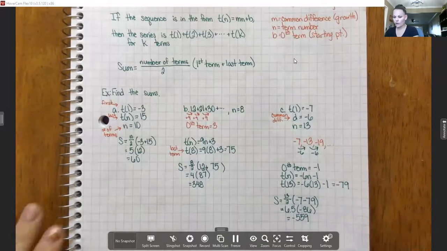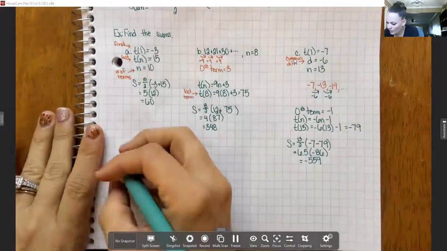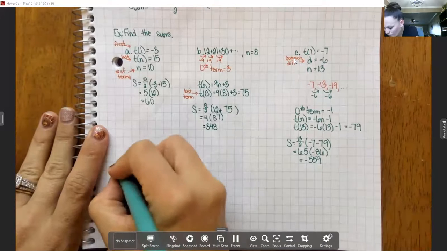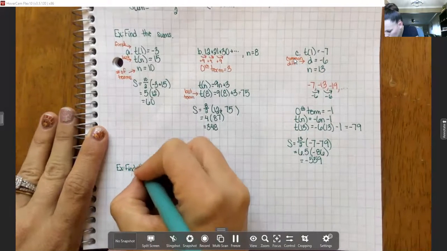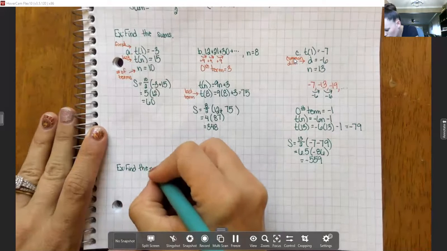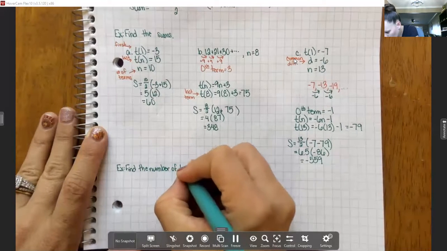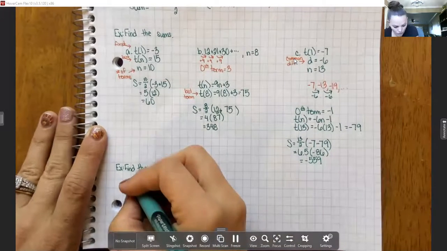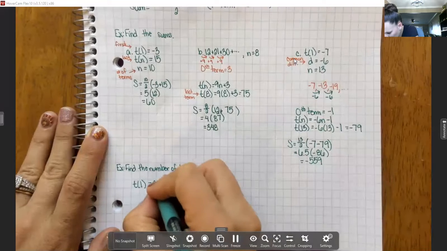All right, and then we're going to do one more example that's just a little bit different. We're going to find the number of terms. So I'm going to say t of 1 is 23.